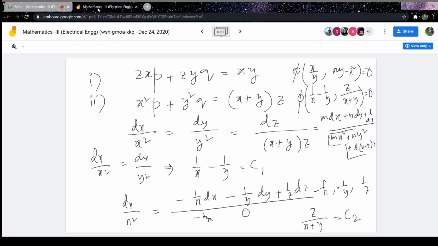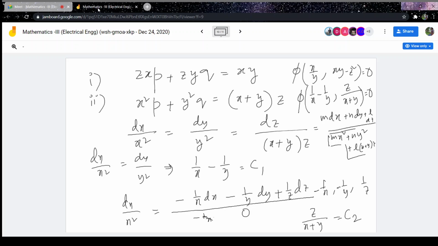You have to choose your multiplier, and sometimes it happens that suppose you have the equation as p plus 3q is equal to 5z plus 10y minus 3x.